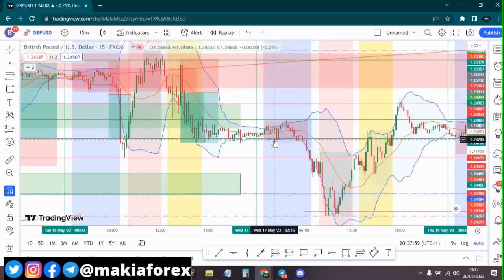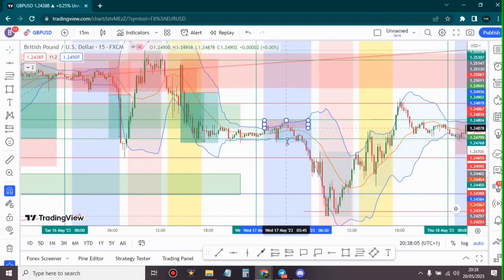So I will decide to use the Asian range breakout strategy. It means that if the market is able to break out of this range, I'll sell the market and I'll put an appropriate take profit level. So I'll go in for a short around this area.